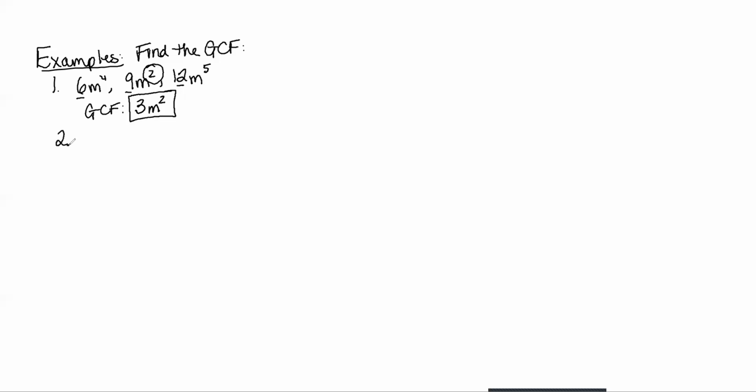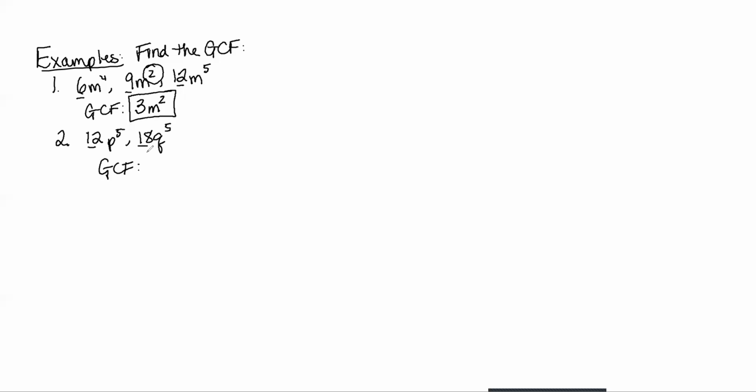Number 2, 12p to the 5th, 18q to the 5th. So again, let's look at the numbers first. We have 12 and 18, the GCF.